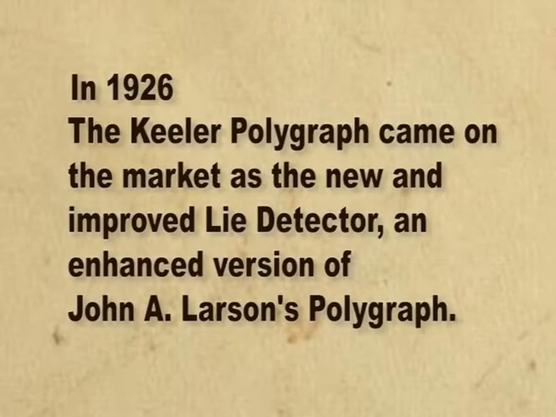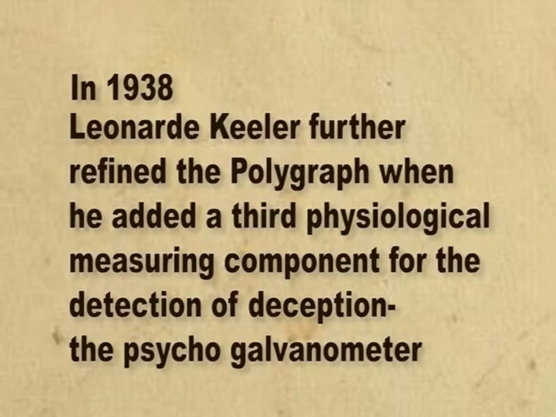In 1926, the Keeler polygraph came on the market as the new and improved lie detector, an enhanced version of John A. Larson's polygraph.